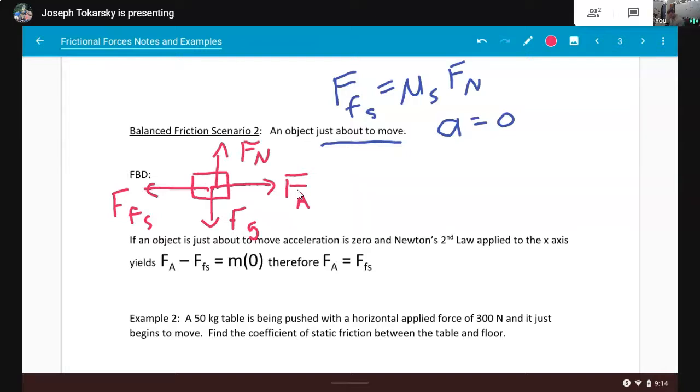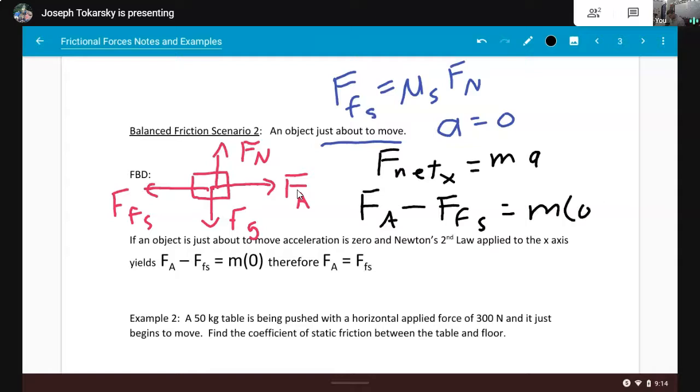So we would again go to Newton's second law. F net on the x-axis equals ma. And the horizontal forces, totaling them up, their net, in other words, is applied force minus the static frictional force. And that's m times 0. So we get a very similar result to the last problem.